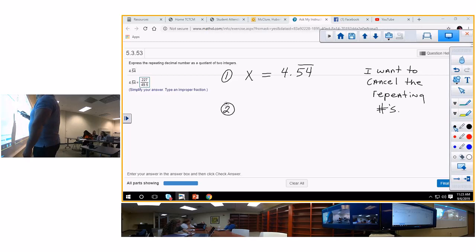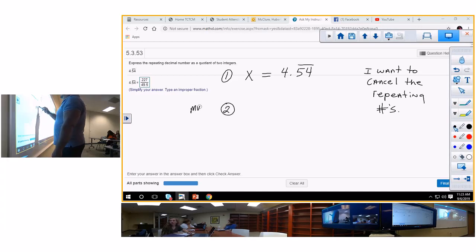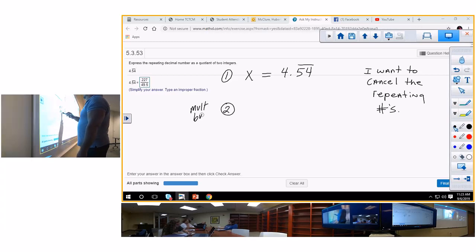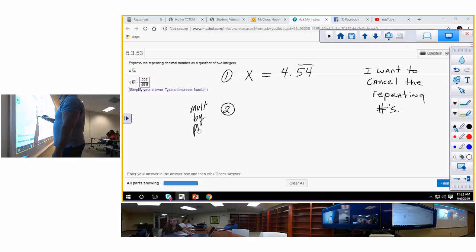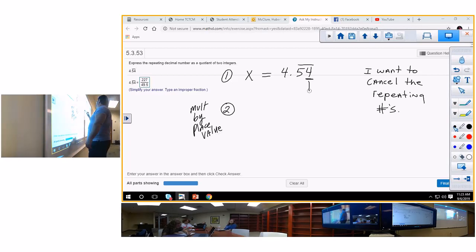Okay? Second thing you do is multiply by place value. What place value is represented right there? The hundredths. So I'm going to multiply this by 100.